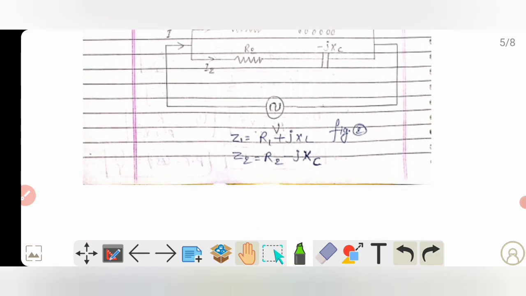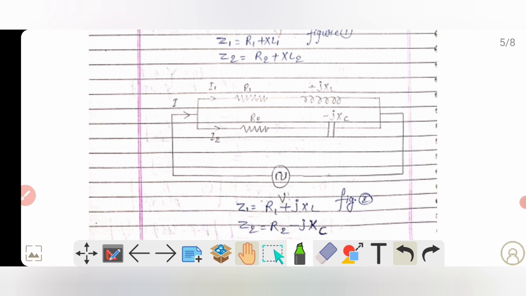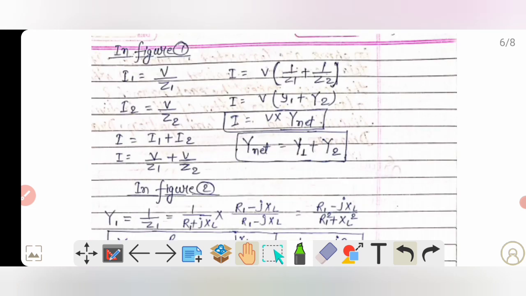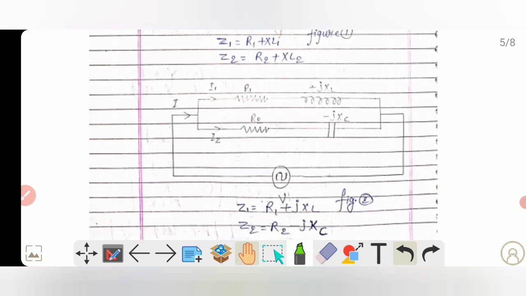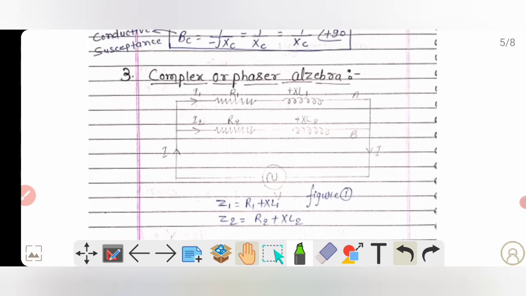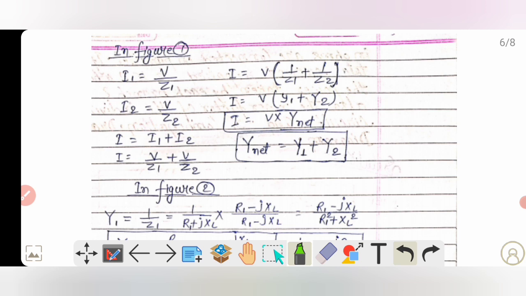Now as we move further, for figure 1, I1 will be equal to V by Z1, and I2 will be equal to V by Z2, and the whole current will be equal to I1 plus I2, the sum of individual currents.